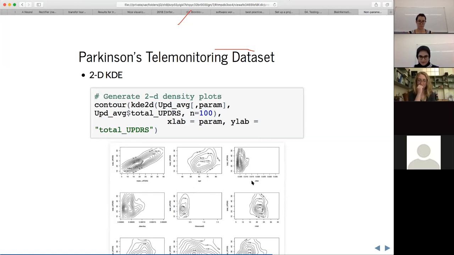Same here, that's the jitter explanatory variable versus that one. So the general idea is that multi-dimensional kernel density estimation can tell you something about the relationships: where you are more likely to see more mass, and where you are likely to see less mass of data points.